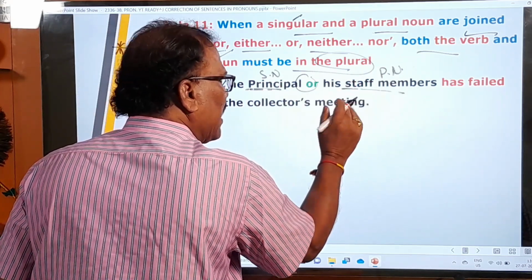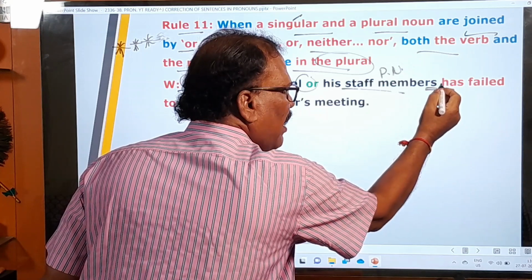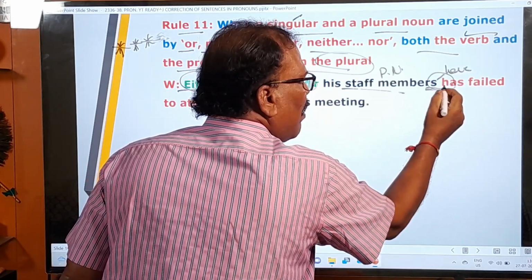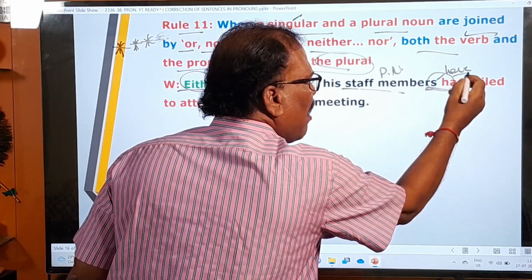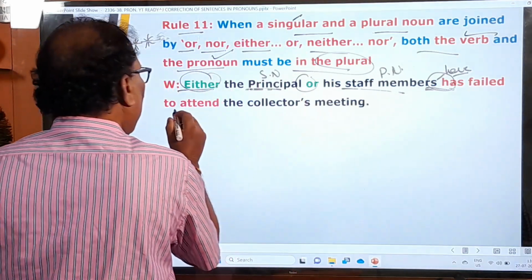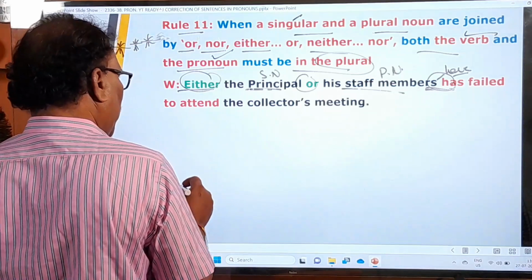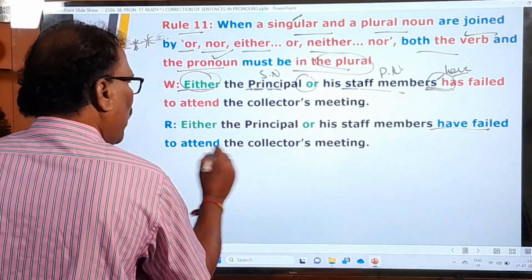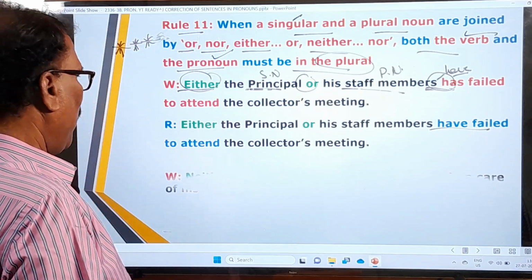So when that is the case, you must use the plural verb. What is the plural verb of has? Have. So have failed must be there. Either the principal or his staff members have failed to attend the collector's meeting.